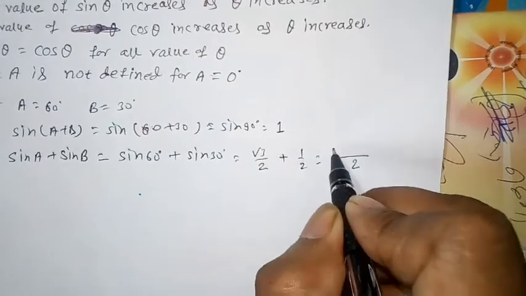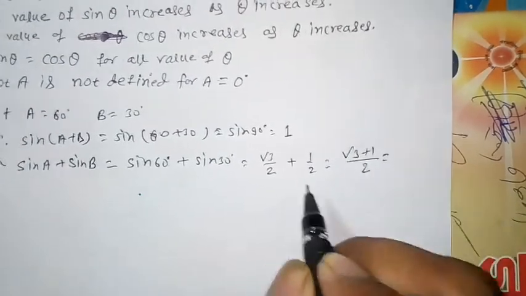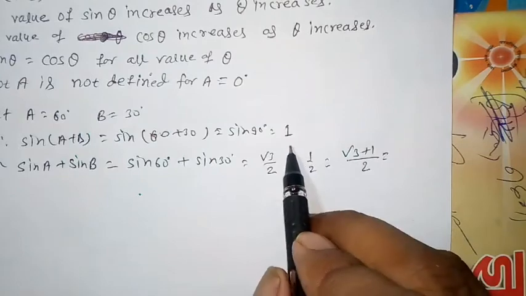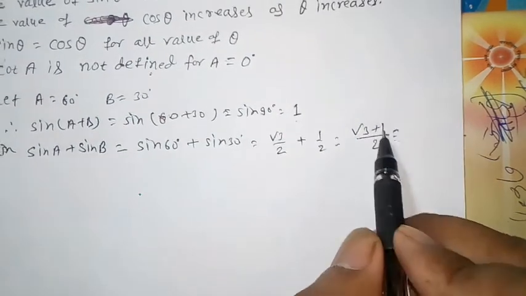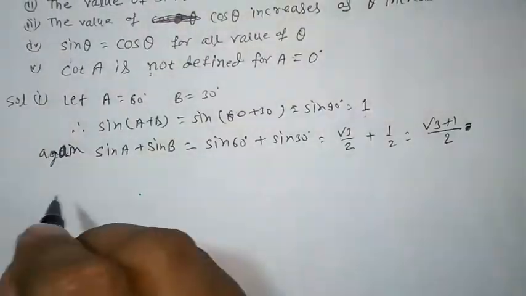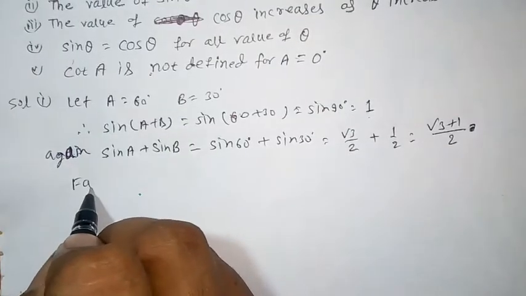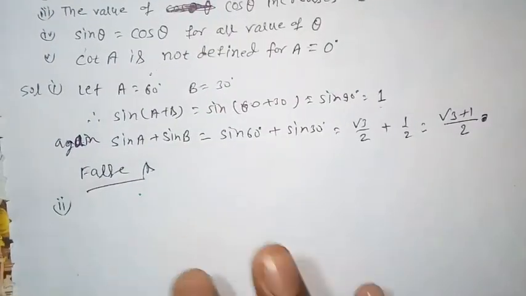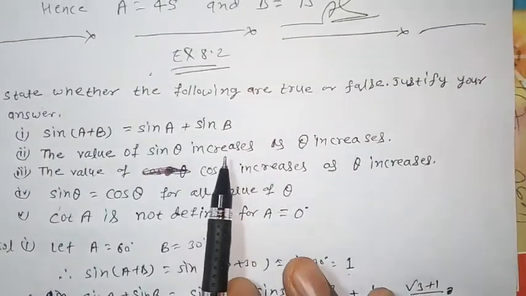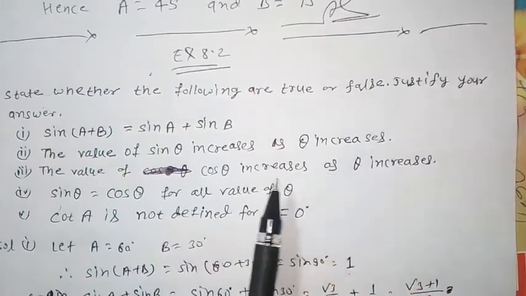Now LCM is 2, root 3 plus 1. This is not equal. Here the value of sin 90 degree is 1 and so this is not true. The statement is false. False.